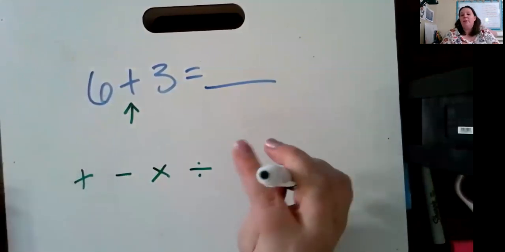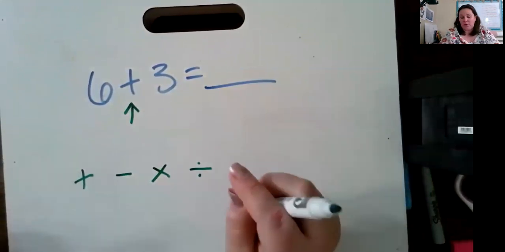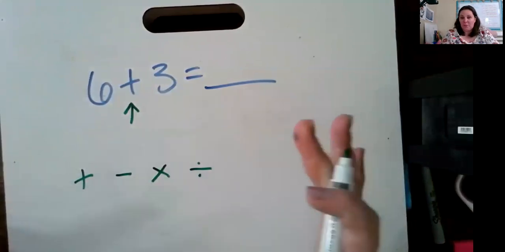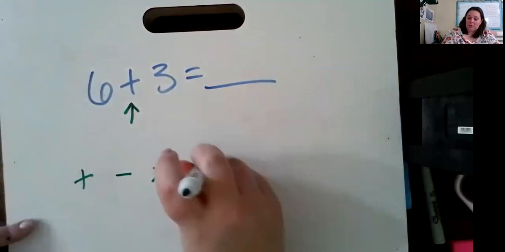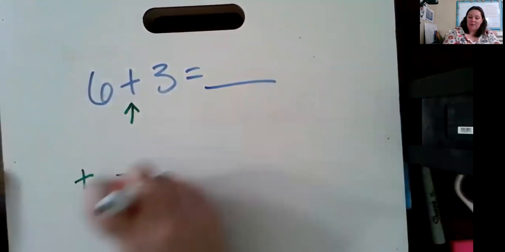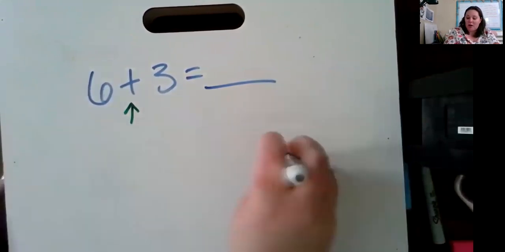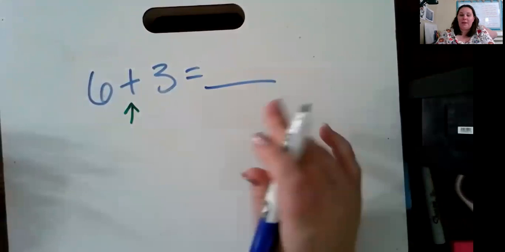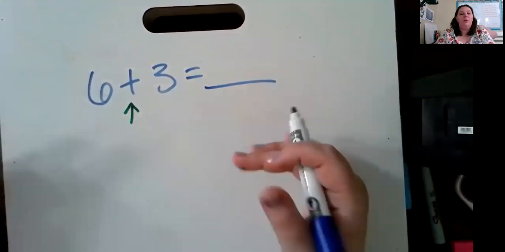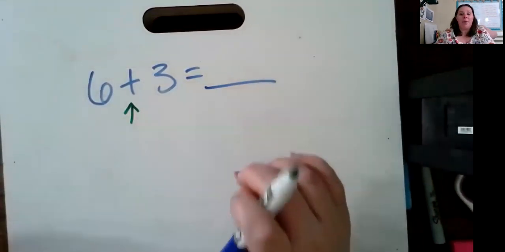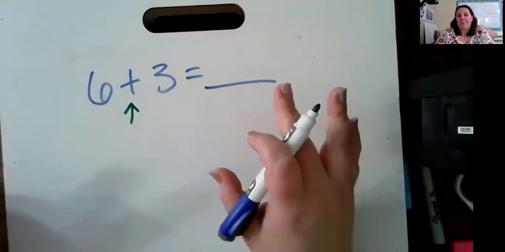So you've heard me say that when we've worked with word problems. We'll read the word problem, we ask our questions, and then we get to the part where we solve and we take the information that we know and we ask ourselves, what operation am I doing?